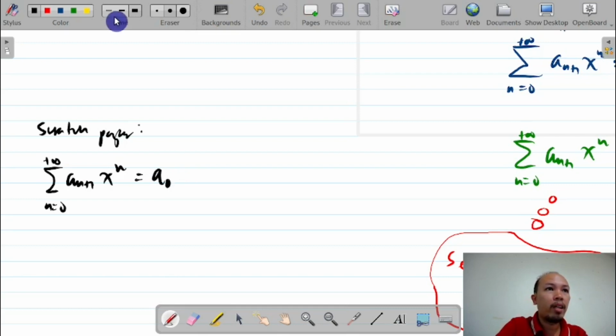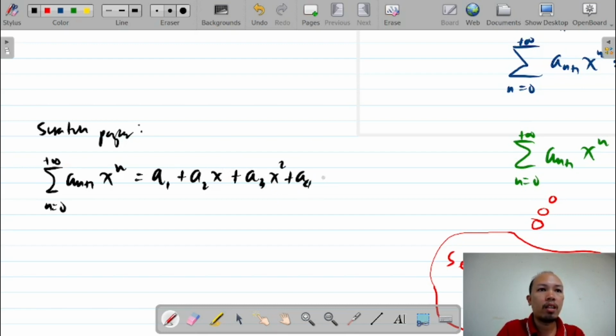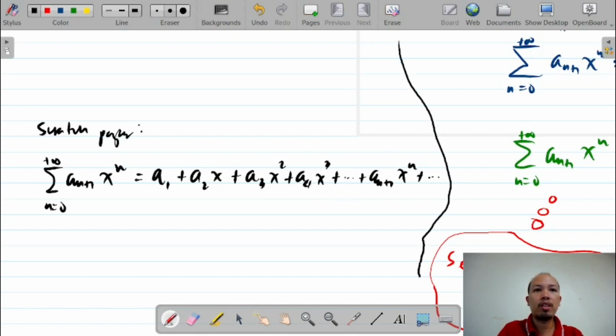No, when n is equal to 0, this is a sub 1 x to the 0 plus a sub 2 x to the 1 plus a sub 3 x squared. Let's try more. A sub 4 x cubed plus dot dot dot up to a sub n plus 1 x to the n plus dot dot dot.